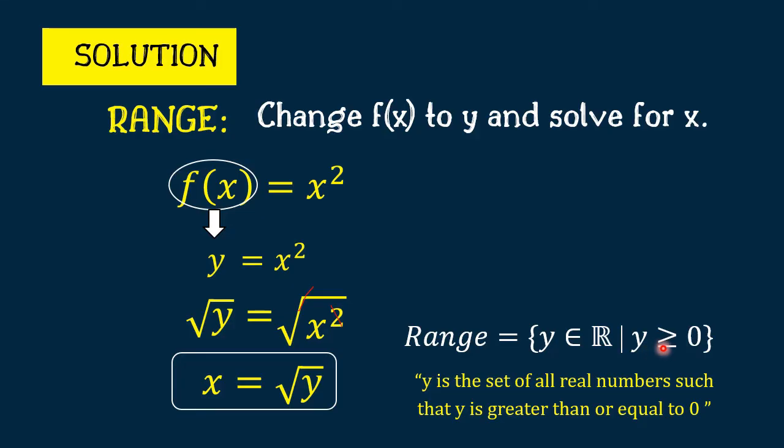Take note, if it is greater than or equal to 0, the values of y are positive values and 0. Why are negative numbers not included here? Because negative numbers don't have a square root. So we can only get the square root of positive values and 0.